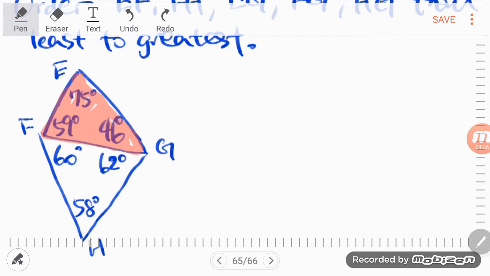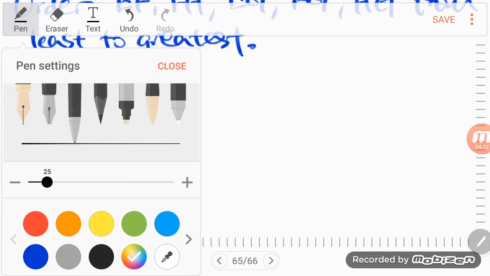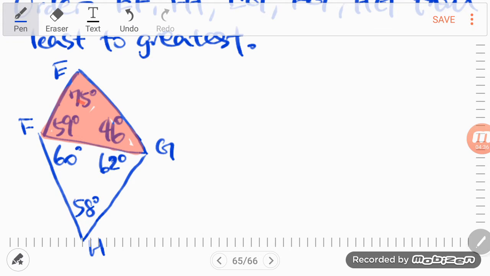If I start out with the red triangle, the smallest angle is 46, so EF is going to be less than the next one.